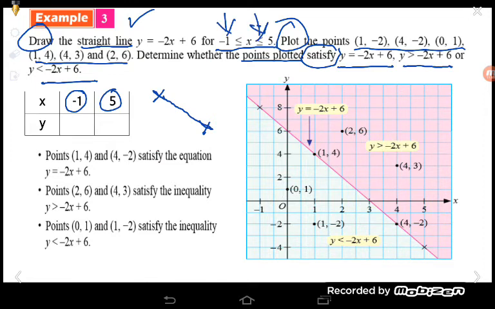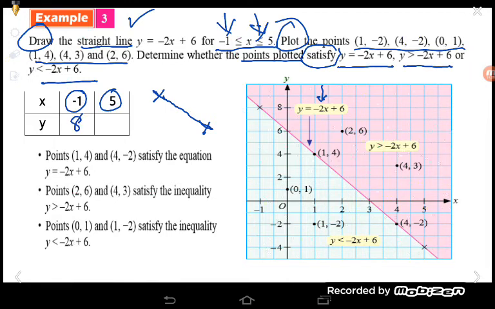So if x is -1, you just put -1 here, the x, so you'll get -1 times -2 times -1 is 2, plus 6, it's 8.